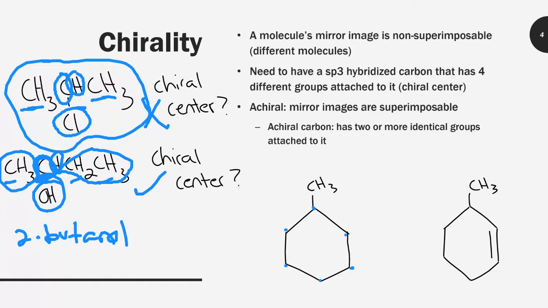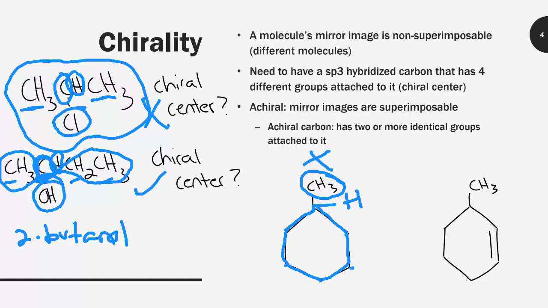This carbon right here, I have a methyl group here, and then I also have a hydrogen in the back that's not pictured. And I also have these 2 sides of the ring on either side. This side of the ring and this side of the ring are identical, so those are actually the same groups. So this would not be chiral.